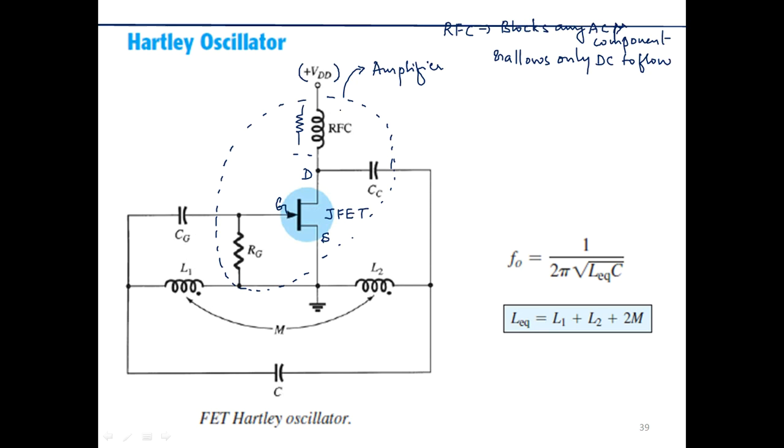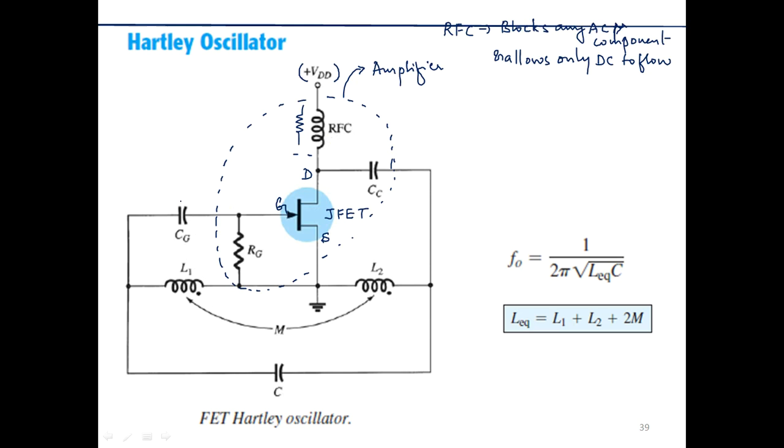Okay, so that's the sole purpose of using an RFC. This also helps to some extent with respect to the voltage gain and the stability of the overall amplifier. Okay, fine. So that is one thing.